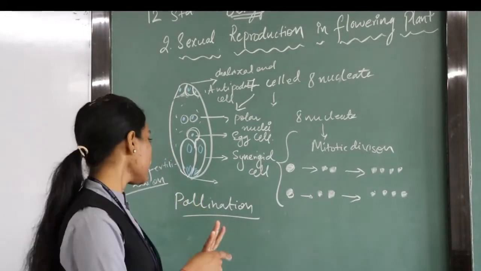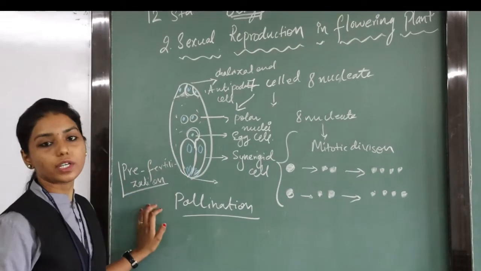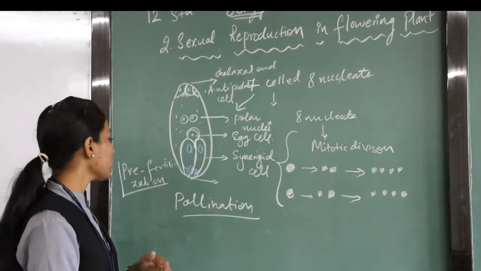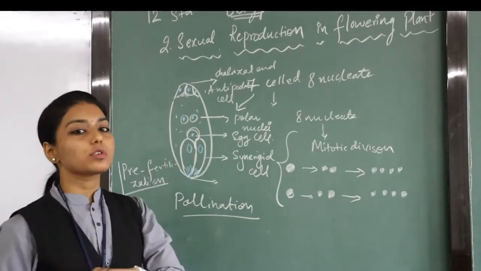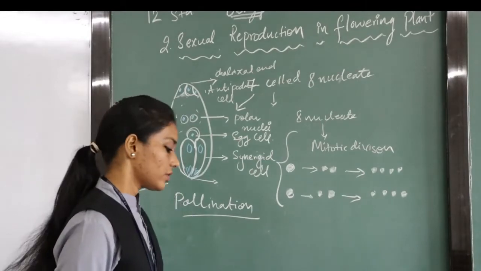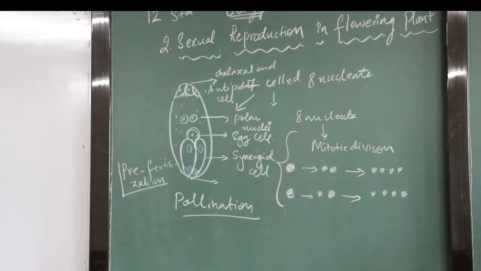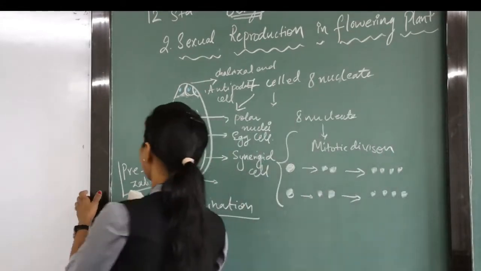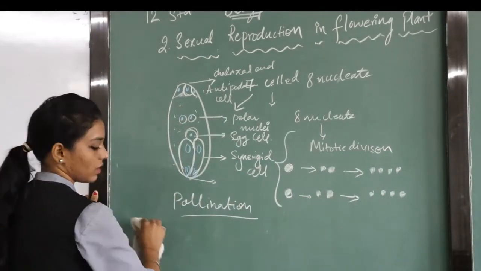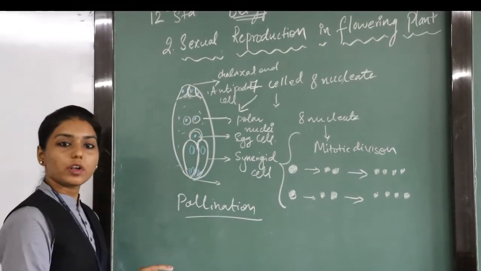These are the 3 main things included in pre-fertilization. Then we will see fertilization and then post-fertilization. So we have started with the pollination part.